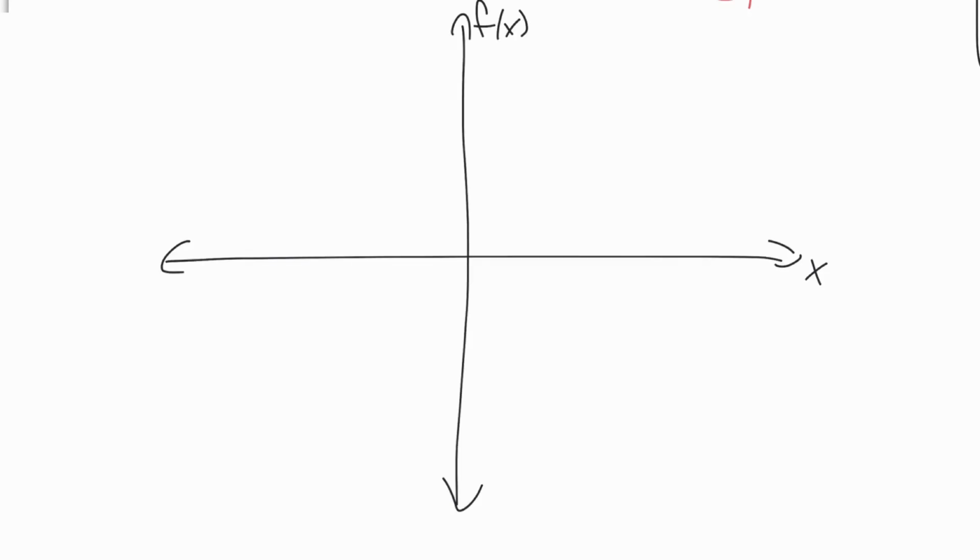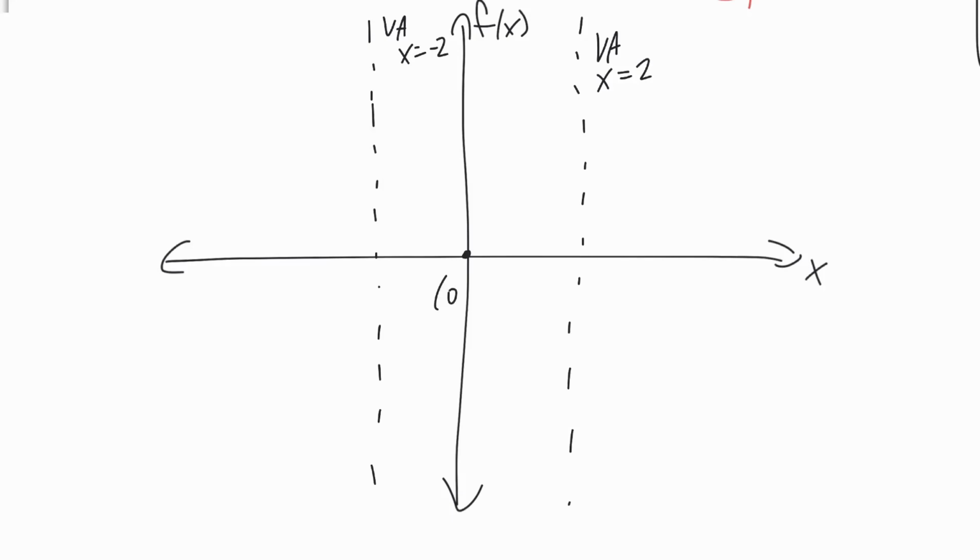We know that we have some vertical asymptotes at x equal to 2, and over at x equals to minus 2. We've got ourselves an intercept, x and y, right at the origin. Also happens to be an inflection point.